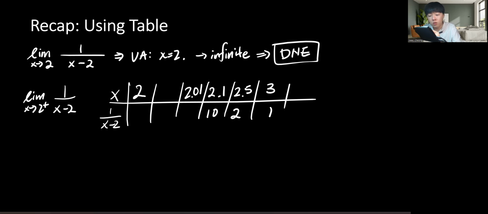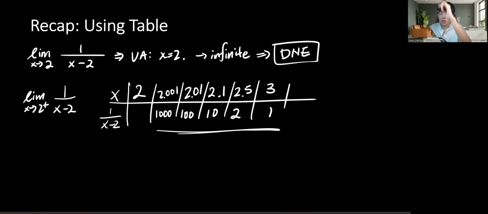And 2.01, we get 100. 2.001, we get 1,000, something like that. So as we approach 2, our y values are becoming higher and higher. As x approaches 2, f(x) will increase forever, which means it is going to infinity. So this limit is actually going to positive infinity.